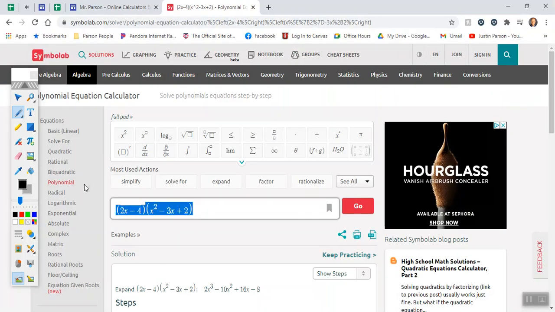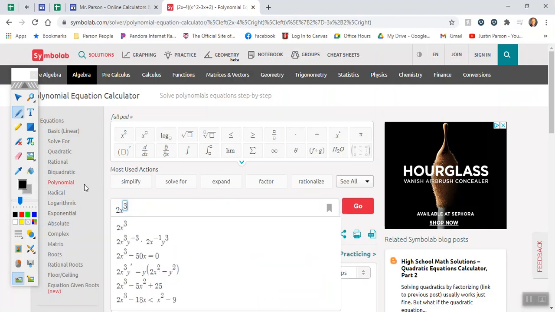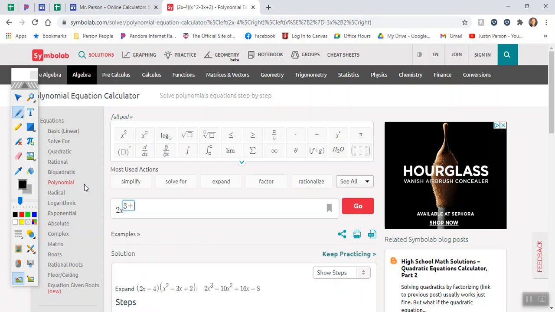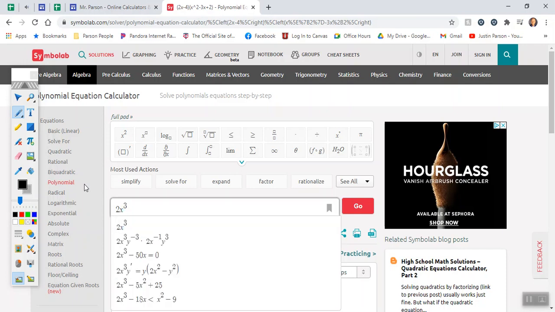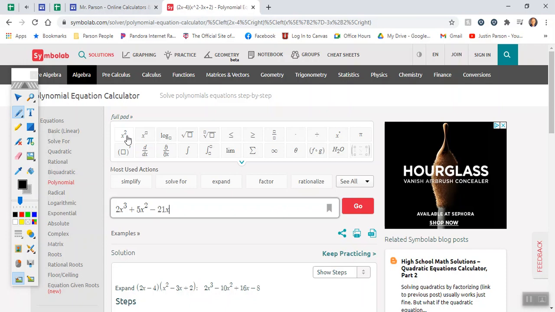I'm going to type that in just like this. 2x to the what? Plus, was it 5x squared? Yeah. Oh, I don't remember. Minus 21. Plus 6. Okay. And I'm going to come up here and I'm going to click on factor right here, okay?